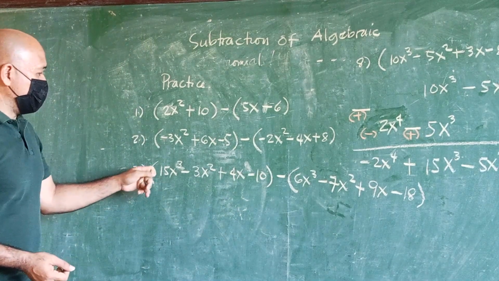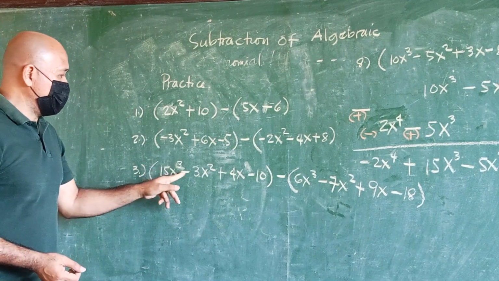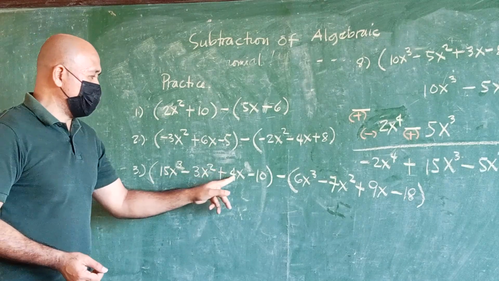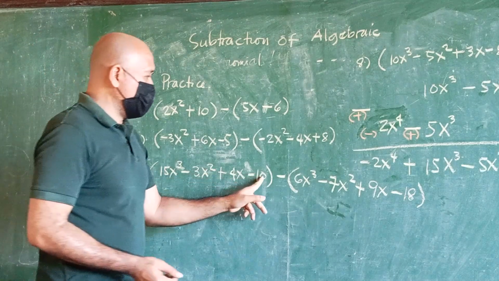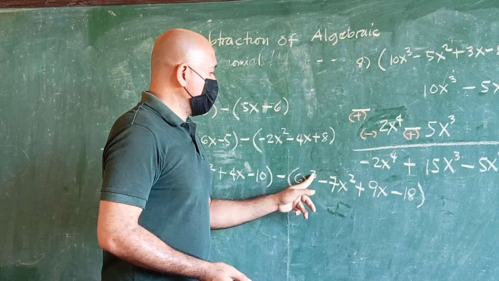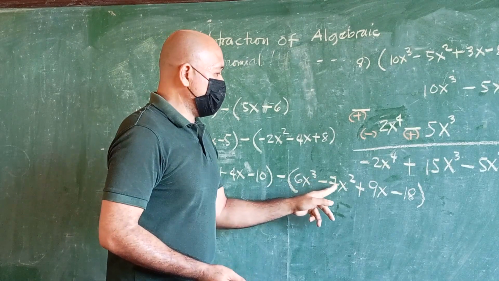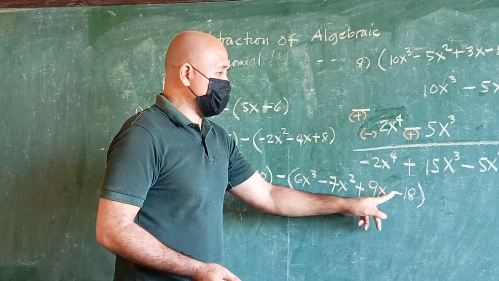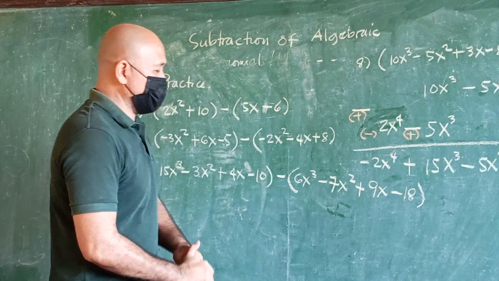And the last one, we have the quantity of 15x cubed minus 3x squared plus 4x minus 10 minus the quantity of 6x cubed minus 7x squared plus 9x minus 18.